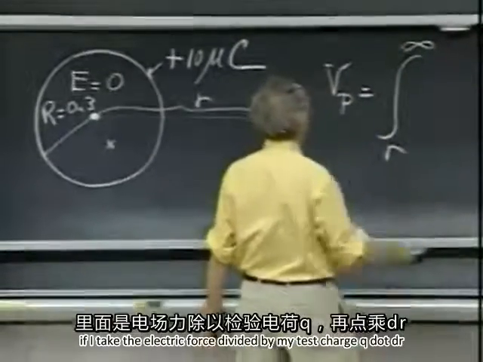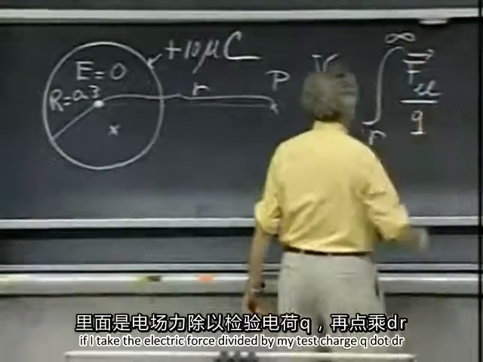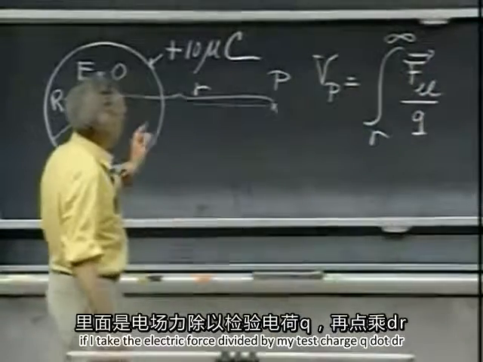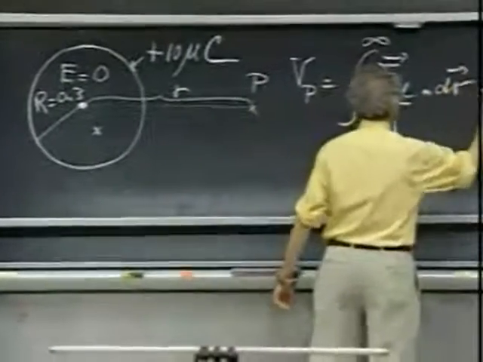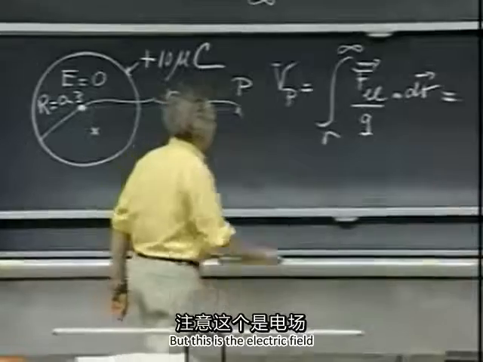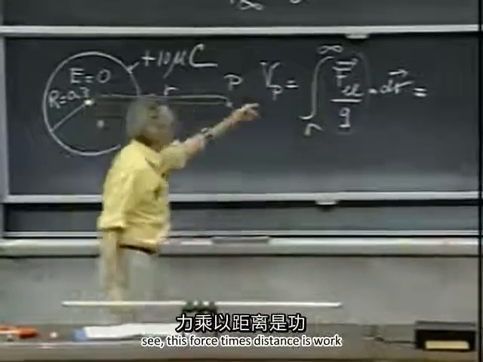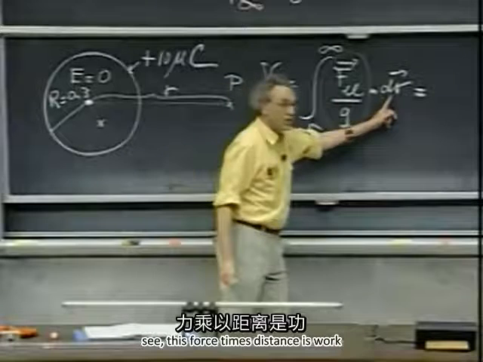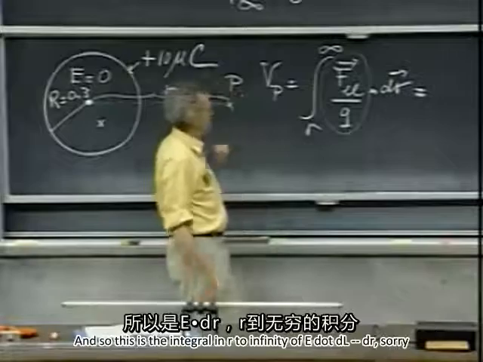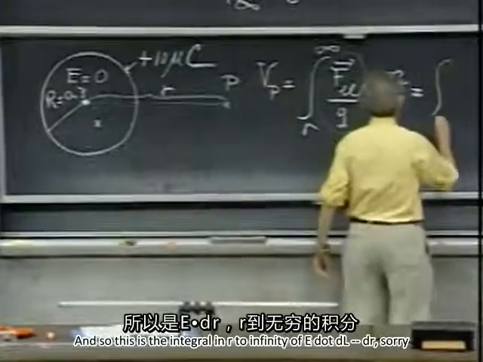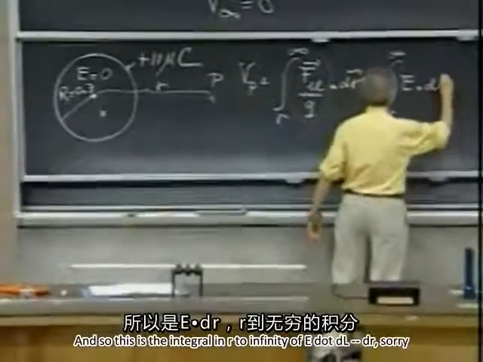If I take the electric force divided by my test charge q dot dr, but this is the electric field. It is force times distance is work, but it is work per unit charge. So I take my test charge out, and so this is the integral in r to infinity of E dot dl, dr, sorry.